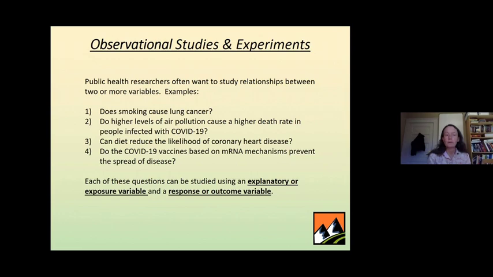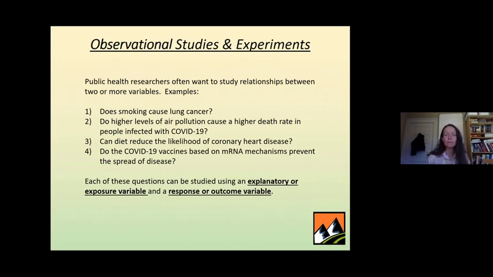So, for example, the big question many years ago was, does smoking cause lung cancer? Do higher levels of air pollution cause a higher death rate in people infected with COVID-19? There's been some research on those associations.